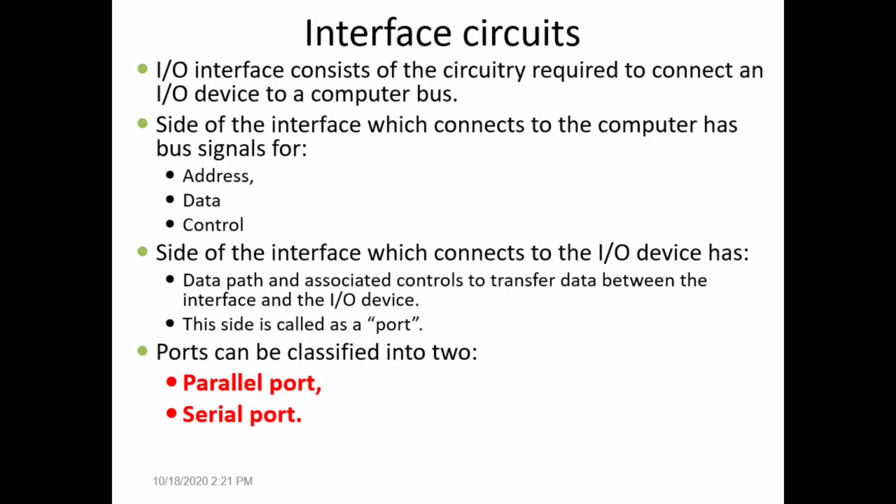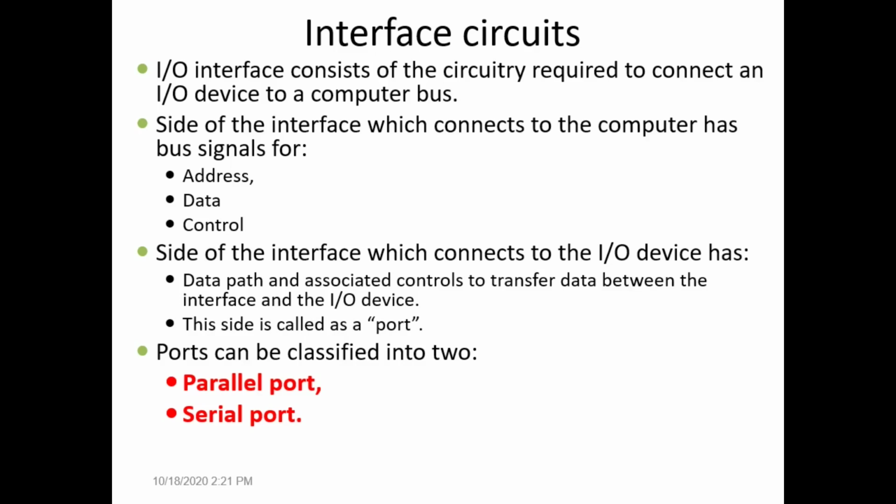An interface circuit has two sides. On one side it is connected to the main bus of the processor. The bus contains address, data and control signals. So the interface circuit also, towards that side, has address, data and control signals to copy data from the interface circuit onto the bus or receive data from the bus inside the interface circuit.